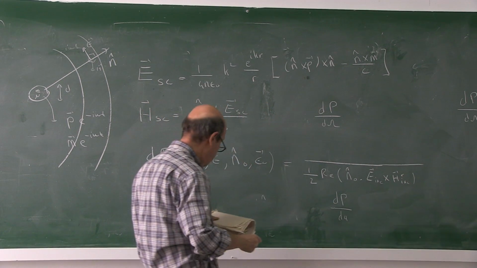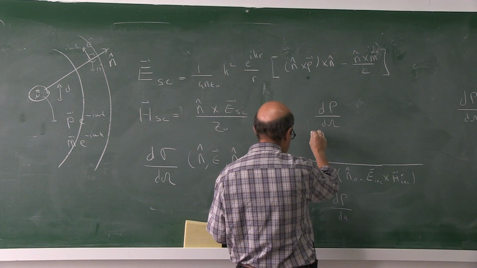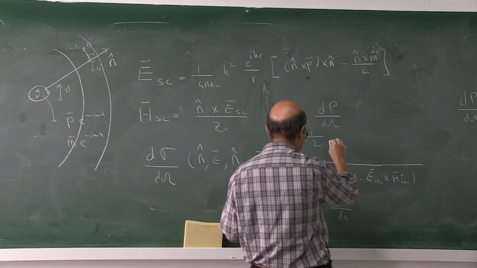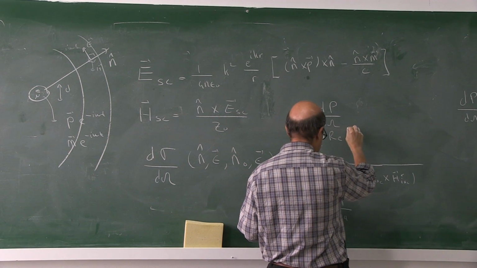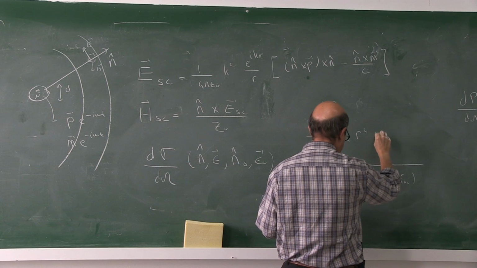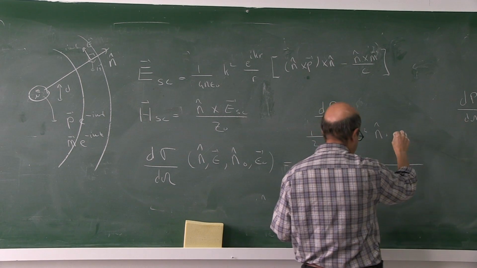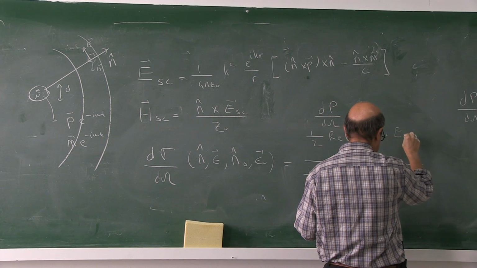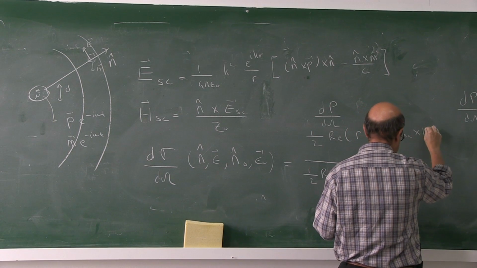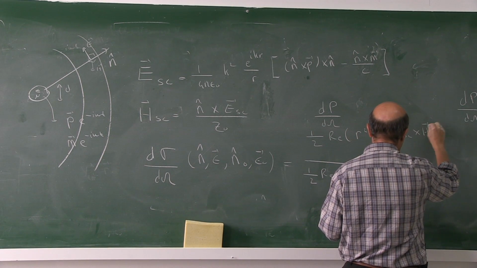After the scattering, you have power per solid angle, the real part of r squared n dot E scattered cross H scattered complex conjugate.